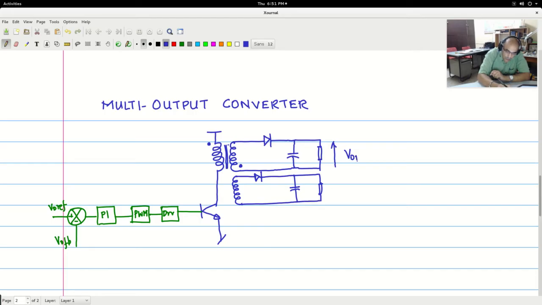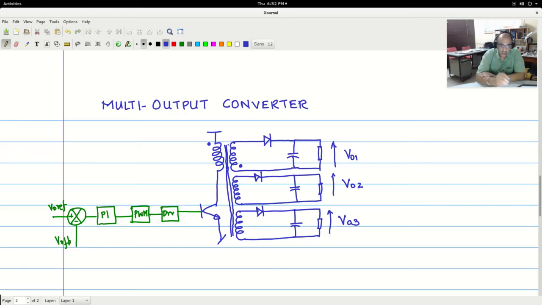So this will become V01, this will become V02, and let us say, for example, I have one more, and that is V03. All these are on the same core, which means that they are all coupled, and I am indicating the coupling by these lines. Now you can put the dot polarities too.